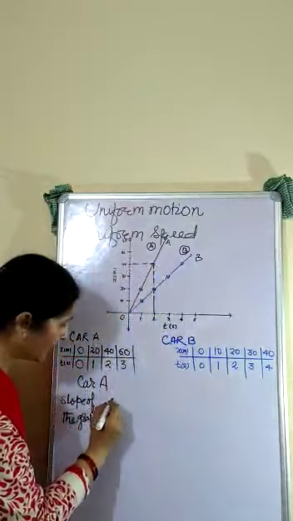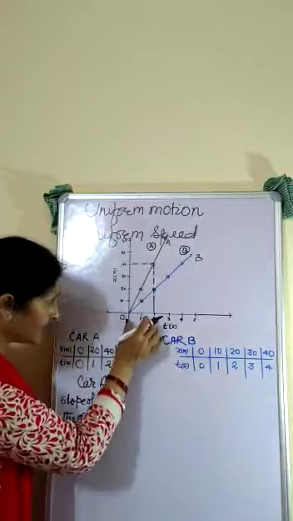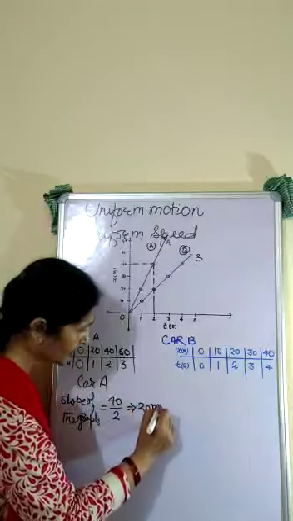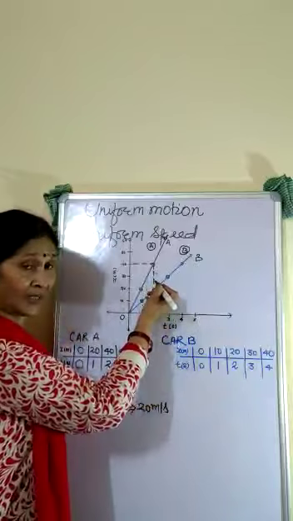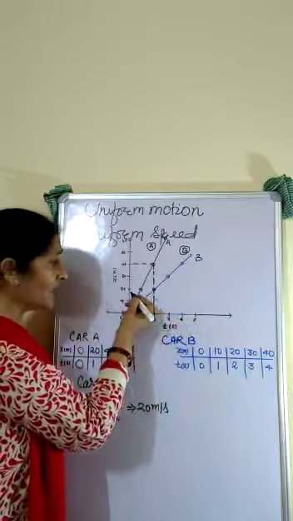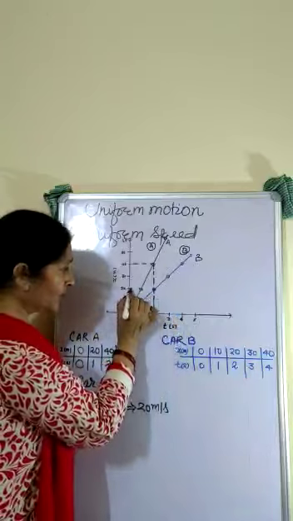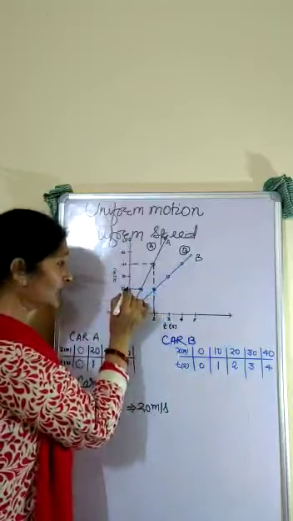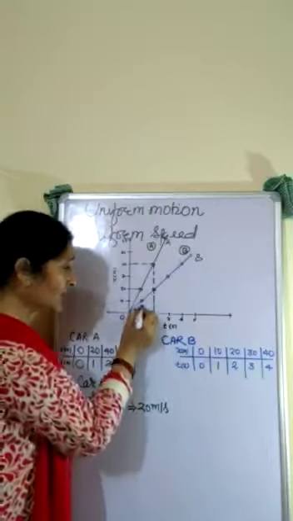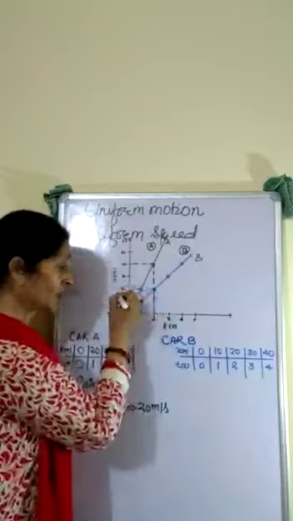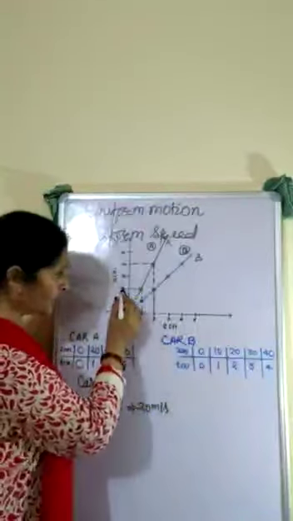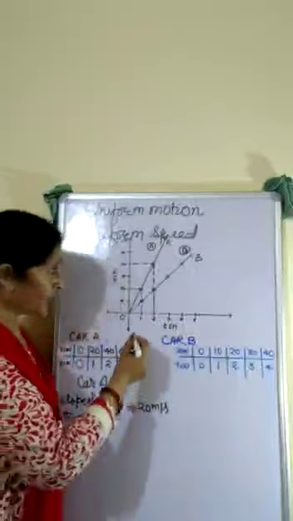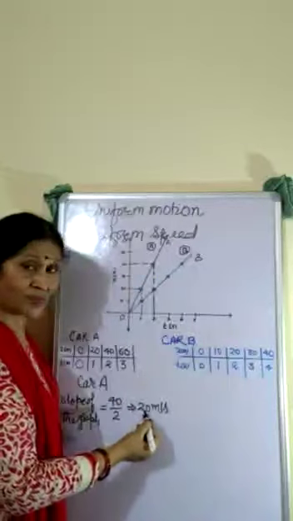This is 40 and this is 2. And this implies 20 meter per second. The speed of car A is 20 meter per second. You can take another point also. When car A is at 20 meter, the time taken is 1 second, and from here also the speed will come 20 by 1, that is 20 meter per second. So the speed of the car from this graph is 20 meter per second.